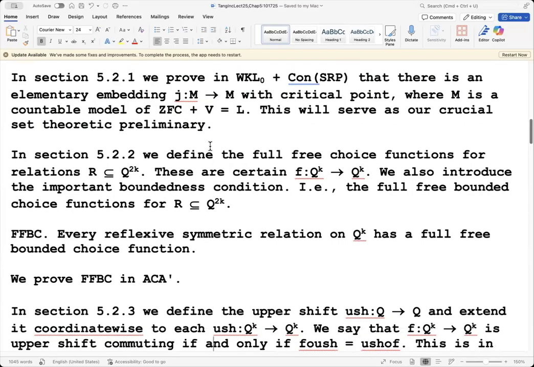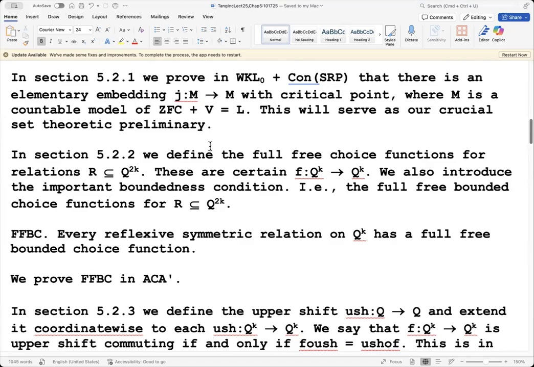In the next section, we define the full free choice functions for relations R. These are certain total functions from Q^k into Q^k. We also introduce the important boundedness condition, so we have the full free bounded choice functions.